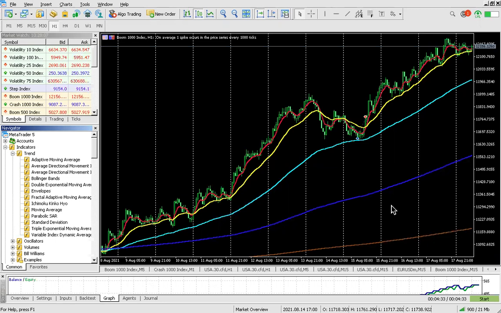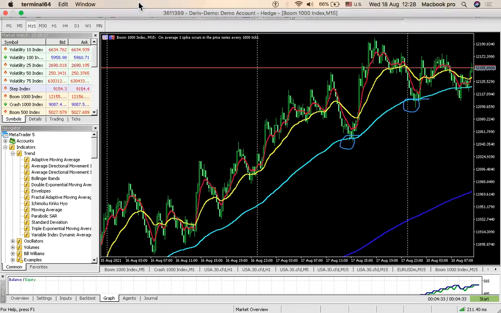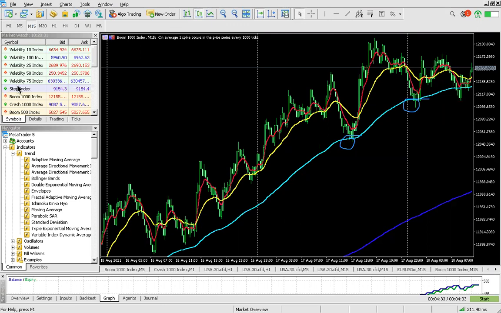This is the Boom 1000 index, and we're on the H1 chart. I'm going to switch from the H1 to the M15. As you can see, the EMA becomes a measure of support or resistance, and it's going to be very easy for you to tell where the spike is going to occur.